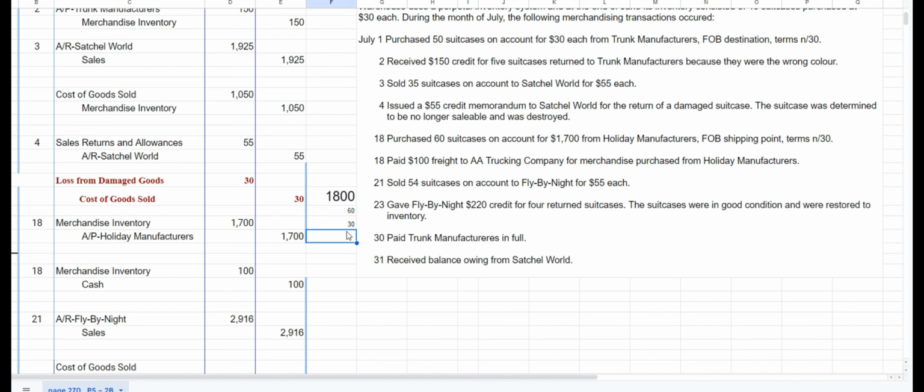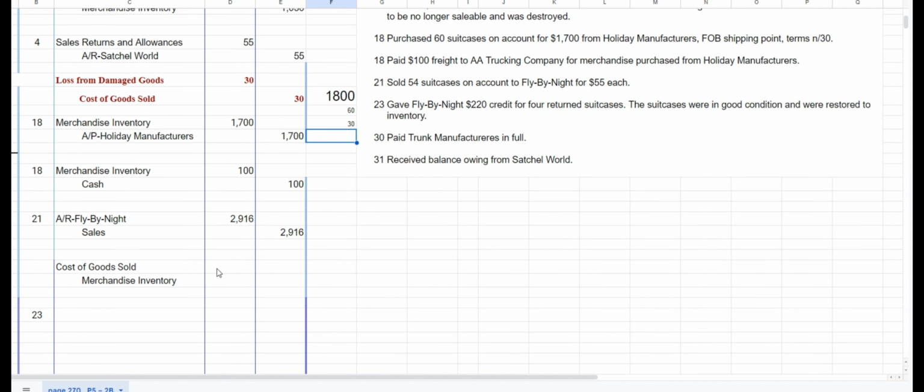So in fact, you just bought it for $30 each. So you don't have to panic here, you can use $30 for the worth of one suitcase. So if there's 54 suitcases, 54 times 30 is 1,620, which is how much it's worth. Merchandise inventory goes down by 1,620.